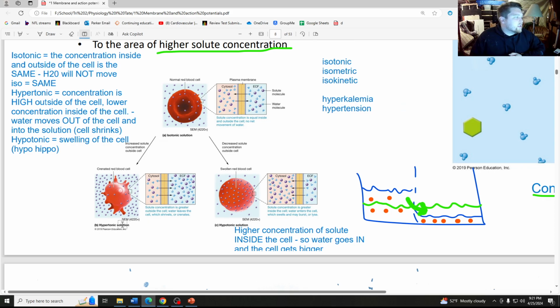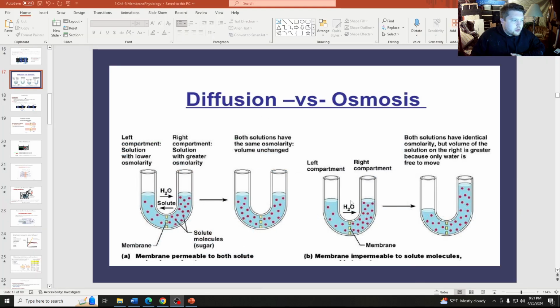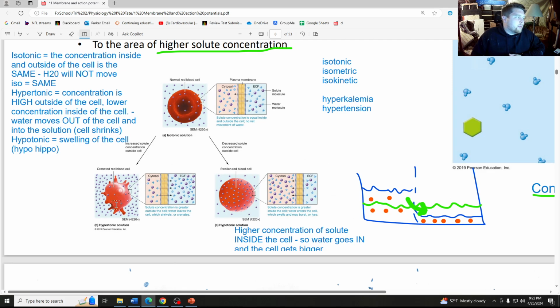Okay, so hypertonic means that there's way more outside than inside of the cell. Because of this, just like the example that we saw before right here, it has a semi-permeable membrane, it's going to want to balance it out. So the water is going to go from that low concentration, it's going to move into the high concentration to balance it out, and we get cell shrinkage. Okay, the cell is going to shrink or crenate.